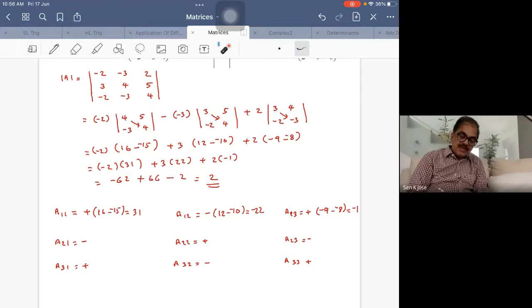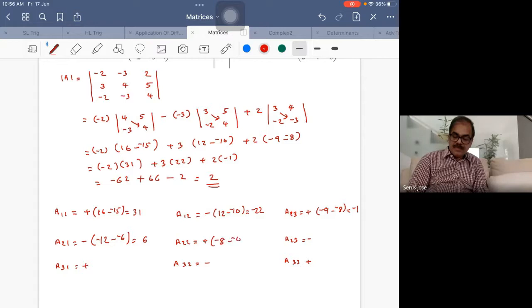Now A21, that's the position. Delete the row and the column it belongs to. Cross multiply. Negative 12 minus 6, which is going to finally give me 6. The next element A22, that's the element A22, delete the row and the column it belongs to, cross multiply, -8 minus -4, which is going to be -4.